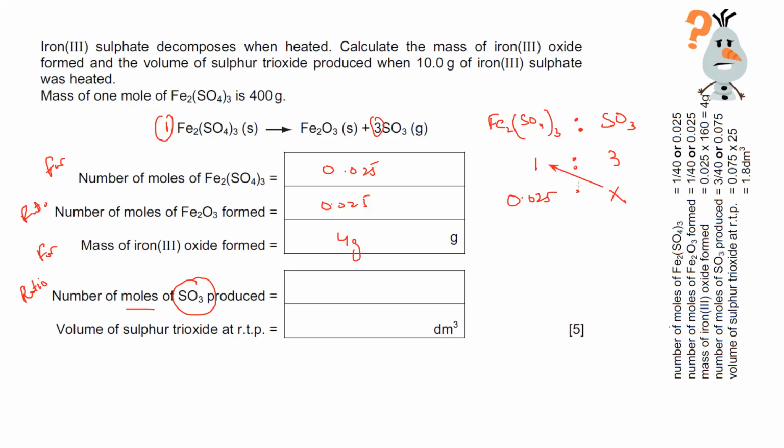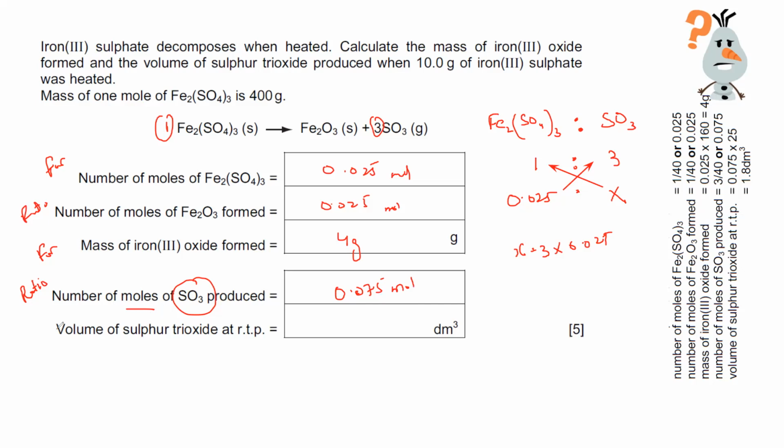Cross multiply. 1 is multiplied with X, so that is X, and 3 is multiplied by 0.025. So what do we get? 0.075 mole. Is it clear? This part? It was 0.025, so that's why we are getting 0.075.